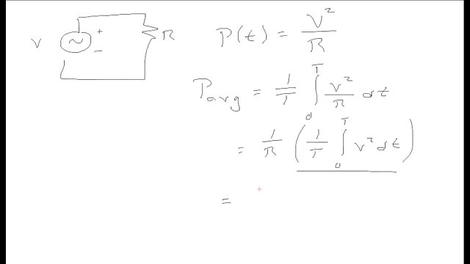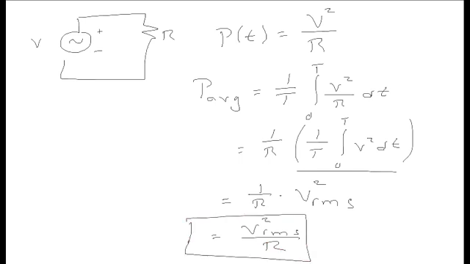This is actually 1 over R times VRMS squared. So the average power delivered to the load under one period of its working is 1 over R times VRMS squared, or VRMS squared over R. So the RMS voltage just happens to appear in some of our equations. In this particular case, it was for the average power delivered to the load. We'll see in the next unit that we can use this to our advantage.